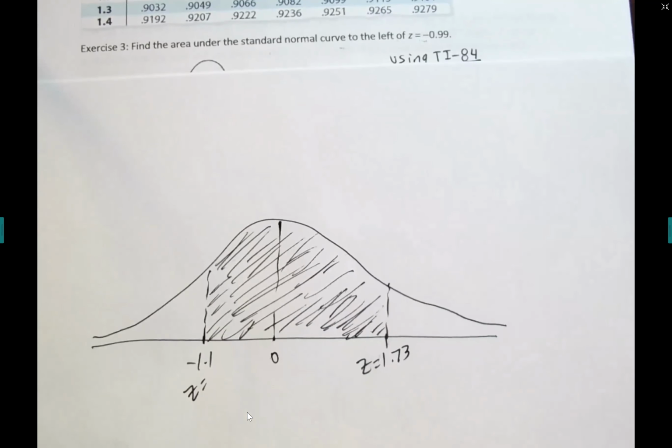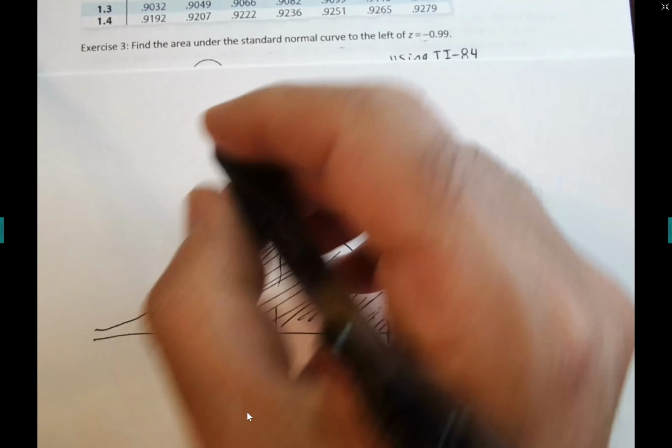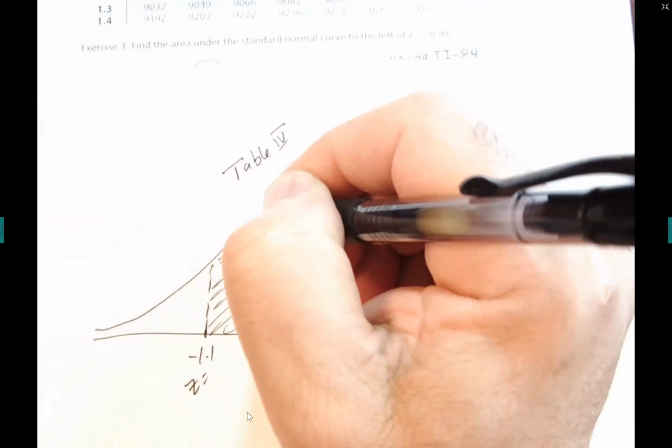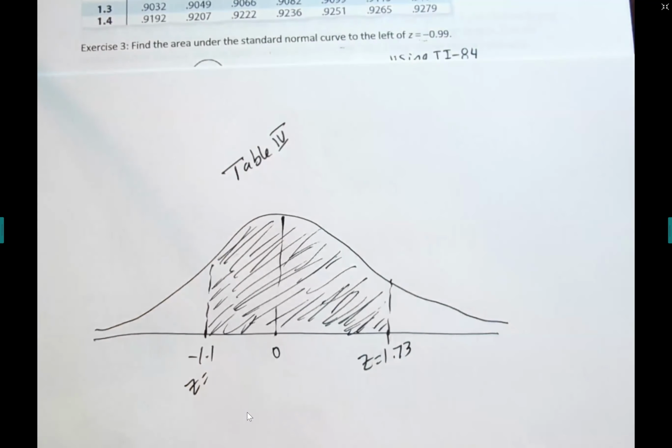Okay, what do you guys, we need to use table 4. Remember, that's the only table we have. Any ideas? How would you figure this out? Tell me what do you think we should do, and then I'll project the tables in a second.